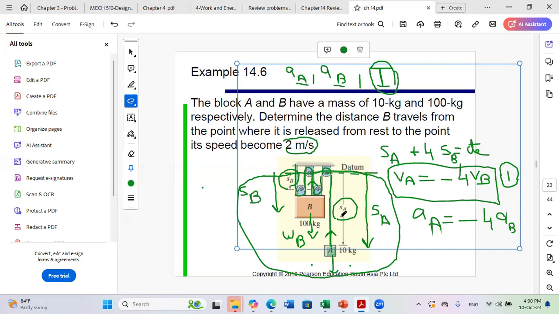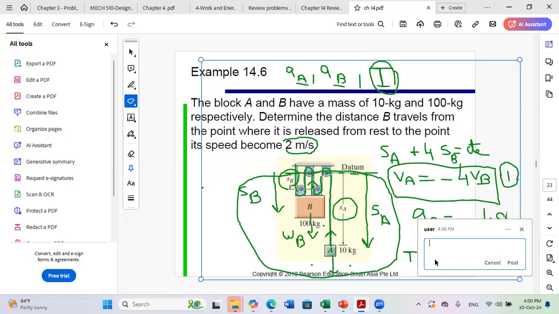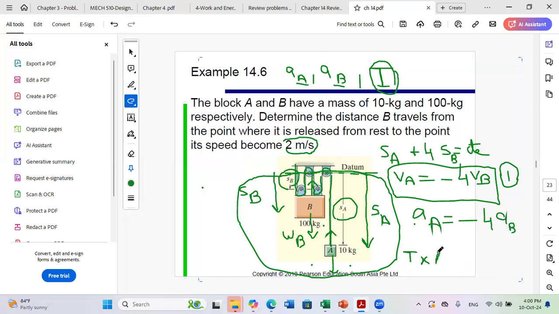And you can prove this. Hala will prove it together. Okay, because what is work? Work of tension for A, let's say it's moving up, is T times delta SA. Okay, it's T times delta SA.